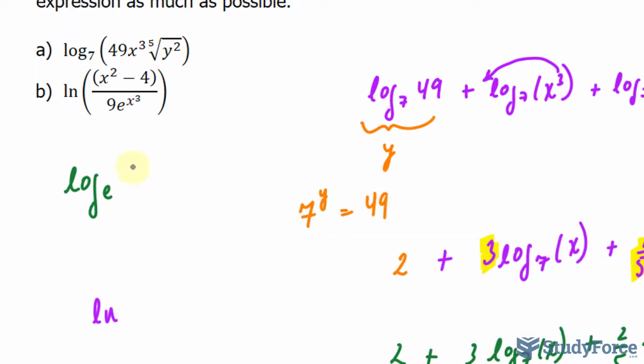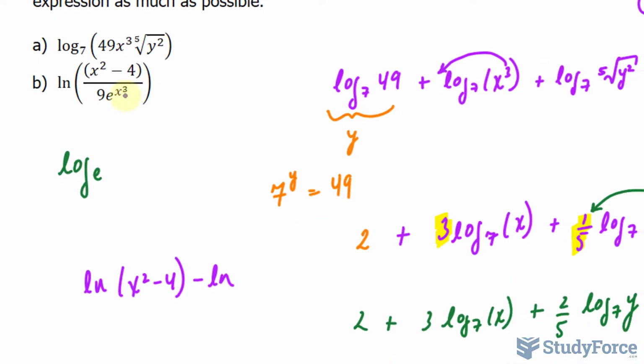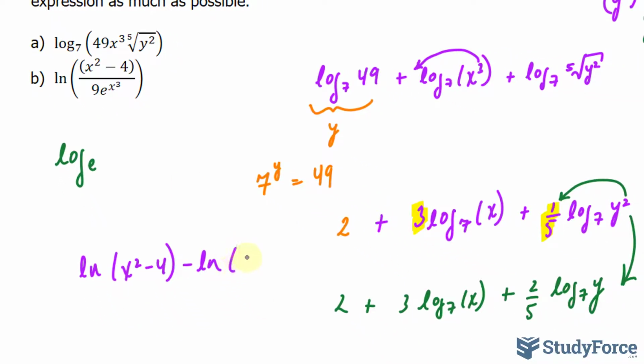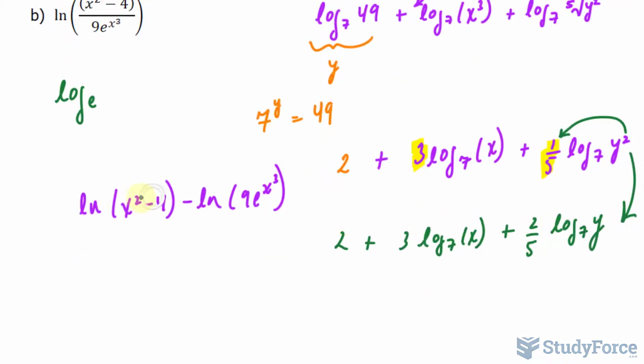So I'll write down ln for the numerator alone minus ln of the denominator alone. Okay. For this term, you have to be a little clever. X to the power of 2 minus 4 is a difference of squares, and it can be broken down into x minus 2, x plus 2.